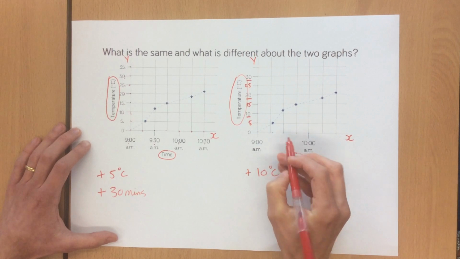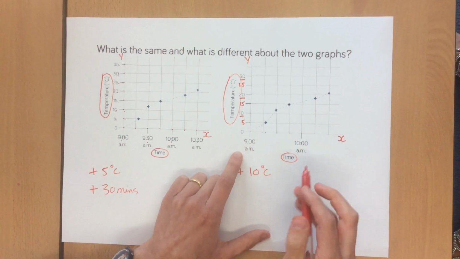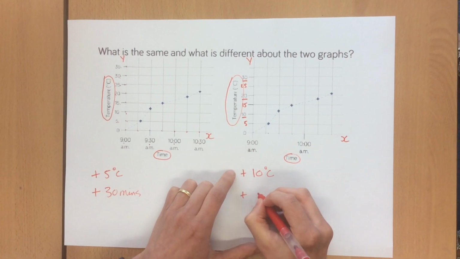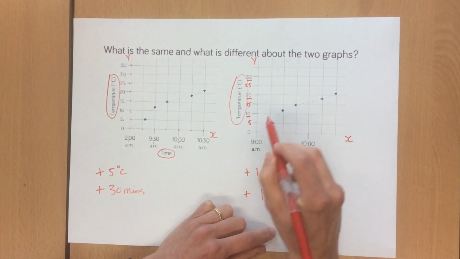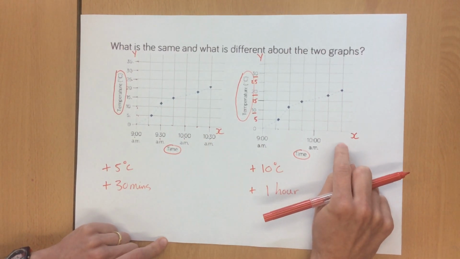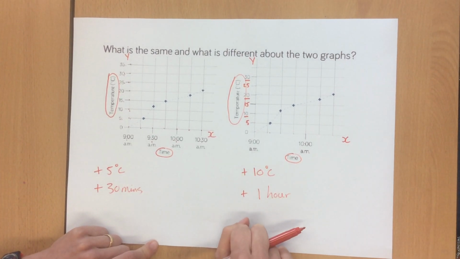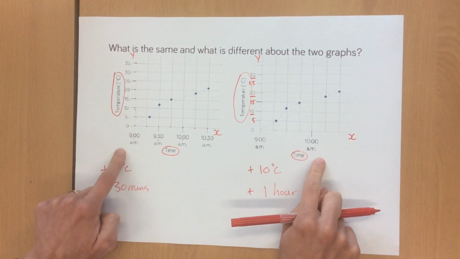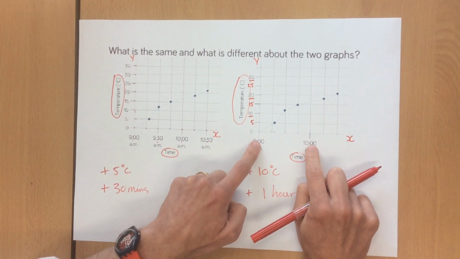What about the second line graph then? 9 to 10 o'clock. Well, that's going up, as you can clearly see, by 1 hour. So have a prediction, have a guess, what would the next label be, what would the next scale be here. 9, 10, it'd be 11, it'd be over here somewhere actually. So we've got another difference. This is going up in increments of 30 minutes, and this is going up in increments of 1 hour.